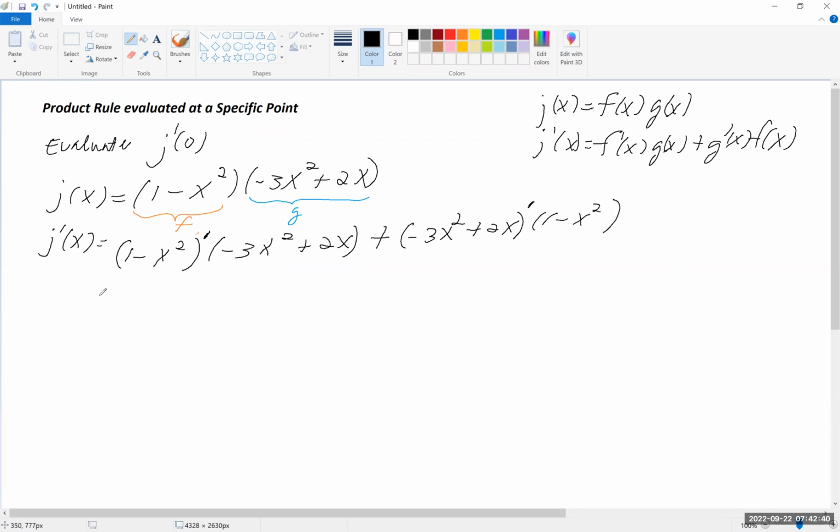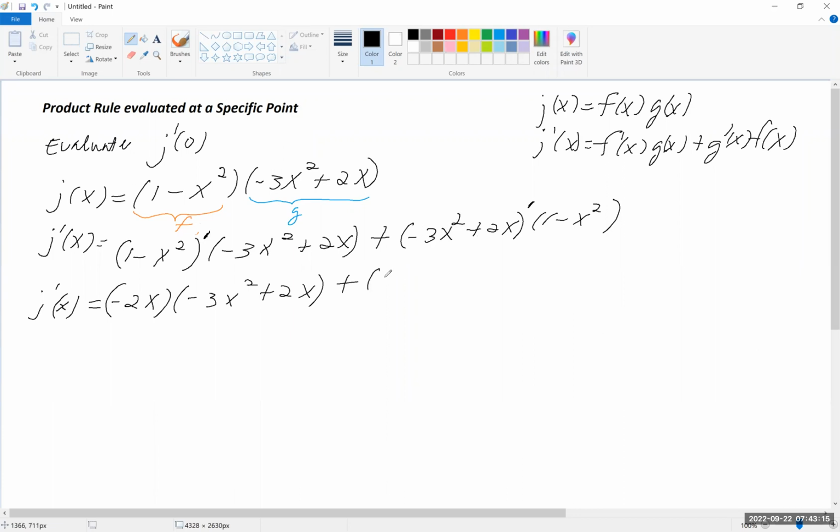Okay, so these are polynomials, quadratics, and so the rule is fairly easy to apply. So this is going to be minus 2x, and we leave this alone. And then we want to take the derivative of this piece over here.